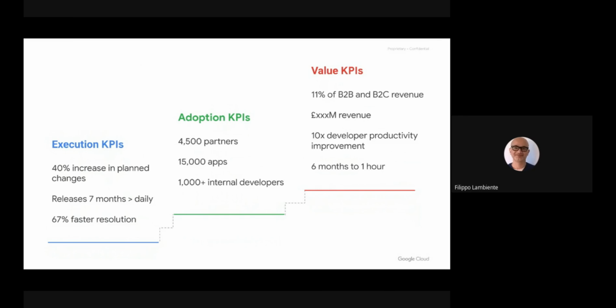So with this information you are able to provide metrics, KPIs, that can justify the adoption and the expansion of Apigee inside your organization.